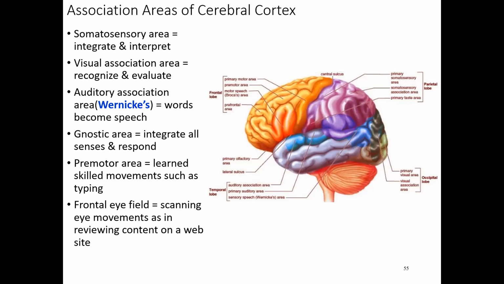Both Wernicke's and Broca's are only on the left-hand side. So if your patient has the inability to speak clearly, to speak at all, then it's likely some sort of damage here in Broca's. If they can comprehend what you're saying or what you're writing out, then the damage is localized in Broca's area.